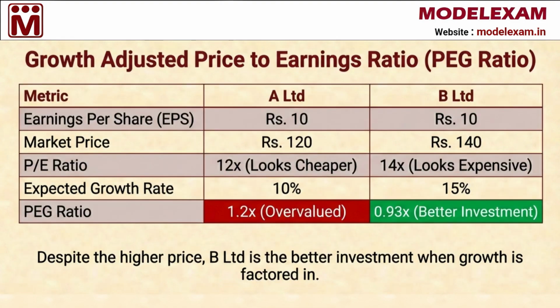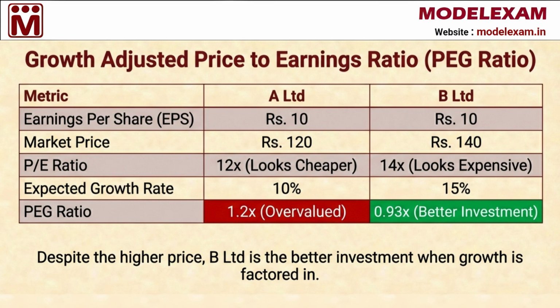Let us compare two companies, A Limited and B Limited, to see why this matters. Both have an earnings per share of 10 rupees. A Limited costs 120 rupees, giving it a PE of 12 times. B Limited costs 140 rupees, giving it a PE of 14 times.